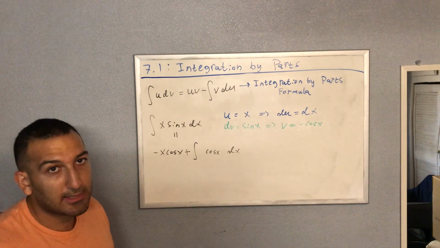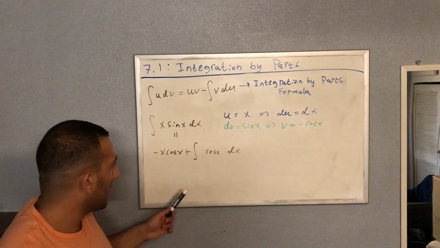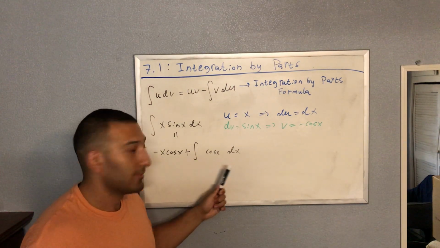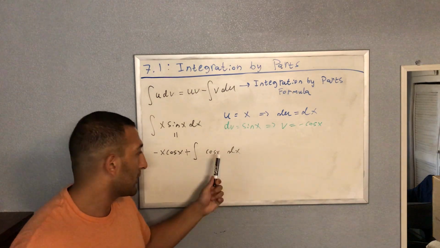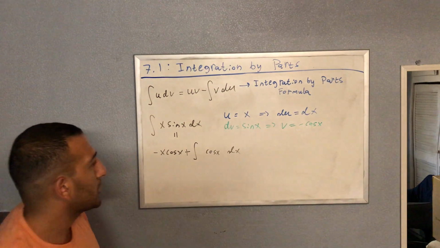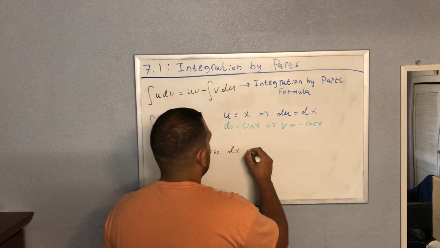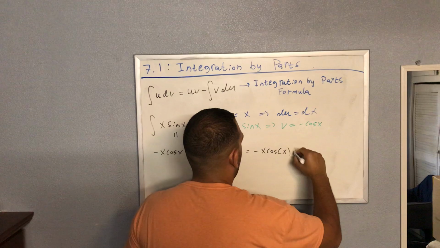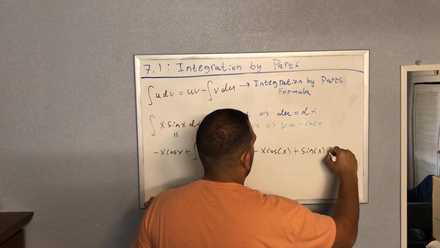Now what's really nice about this is we are left with something that we can actually take the integral of. In this case, it worked out really well. We know how to take the integral of this. So if we push on, this just ends up being negative x cosine x plus sine x plus c.